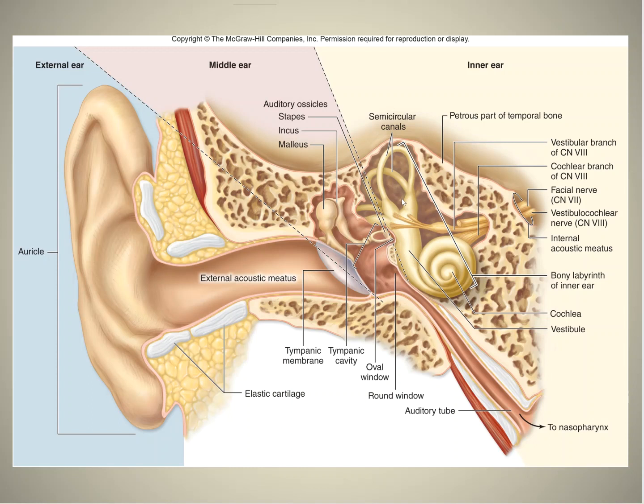That's for equilibrium. And here is the spiral cochlea, and in there is where the auditory receptors are located. And here are the nerves, the vestibulocochlear nerve, leading into the brain.